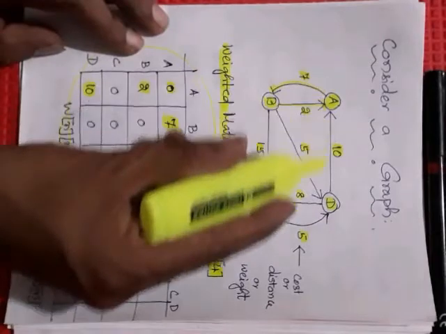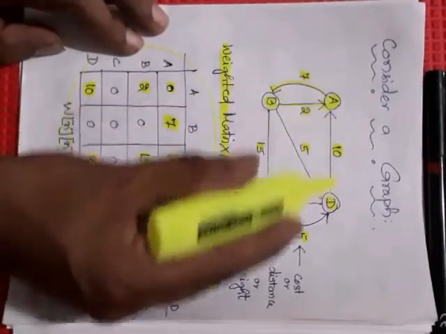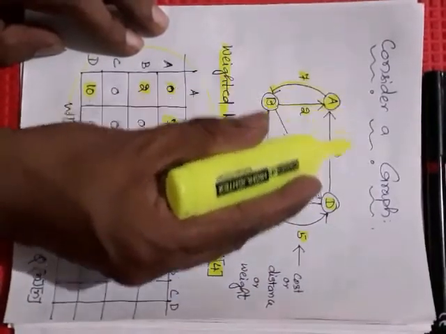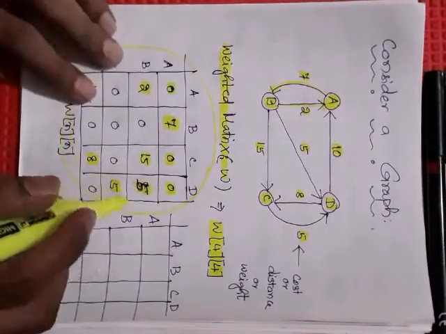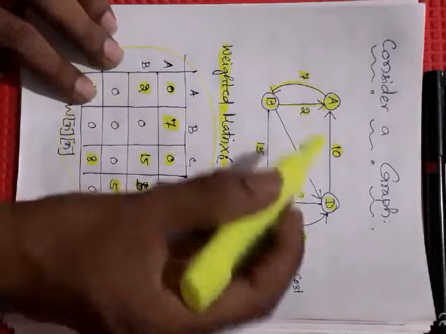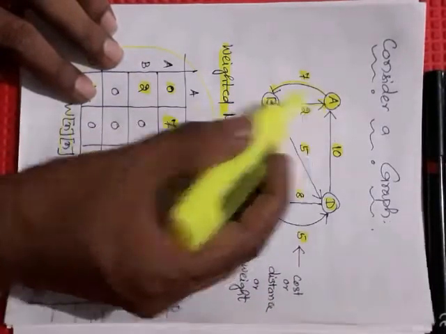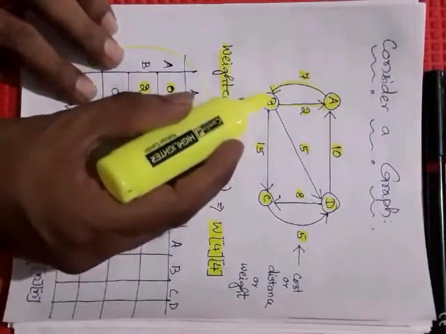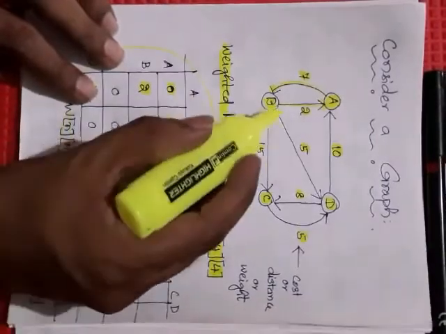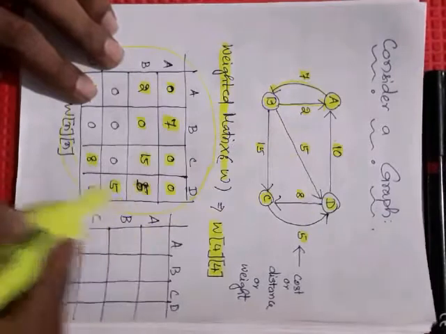A to D also it is not there. You can observe this is D to A, not A to D. So this value is also 0. Similarly B to A, the weight is 2. B to B the weight is 0. B to C the weight is 15. B to D the weight is 5.